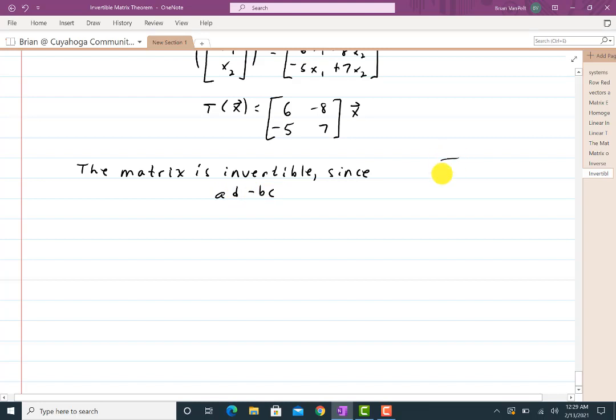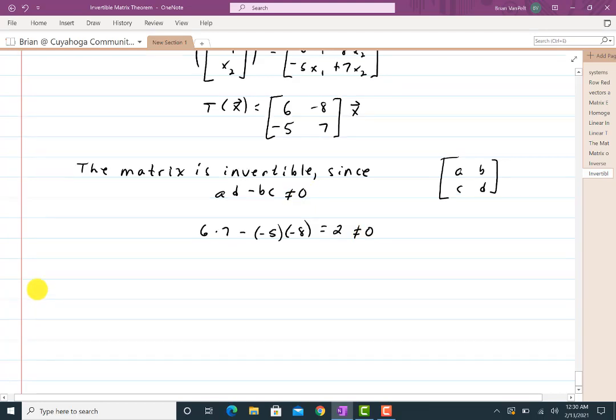That was when the matrices were of this form, A, B, C, D. Well, that's what I'm going to do here. AD minus BC, I'm going to have 6 times 7 minus negative 5 times negative 8, and that is equal to 2, which is not equal to 0. So the matrix is invertible since that thing does not equal 0.